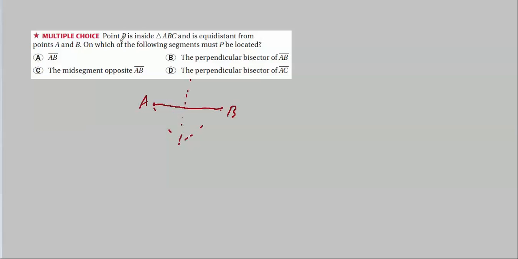So, on which of the following segments must P be located? The perpendicular bisector of AB. Not sure where AC would even come into this. So that would have been your answer.